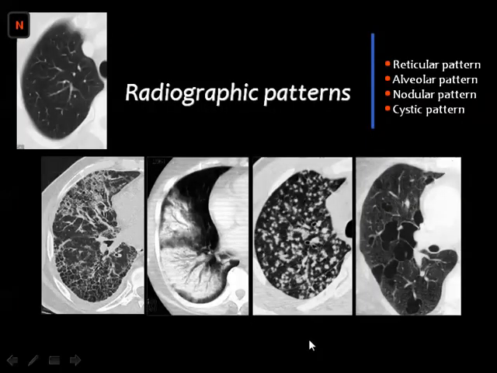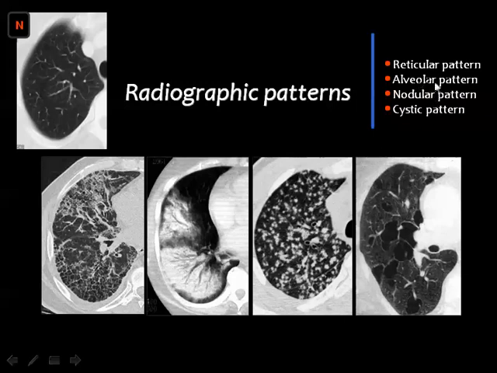Then, how to look at the radiographs and the CTs of a patient with diffuse lung disease. We should first identify the pattern of this diffuse pathology. Look at the normal lung, and we have 4 patterns. This is the first one, which is known as reticular pattern, where you can see too many linear opacities scattered throughout the lung field.